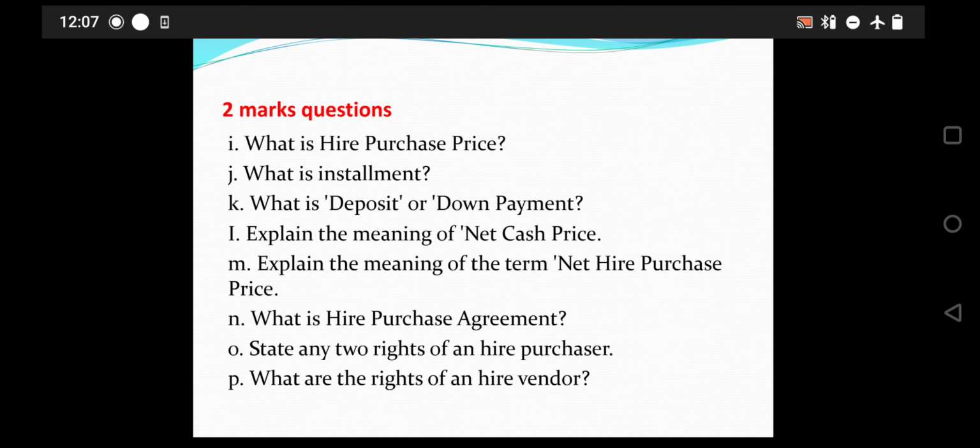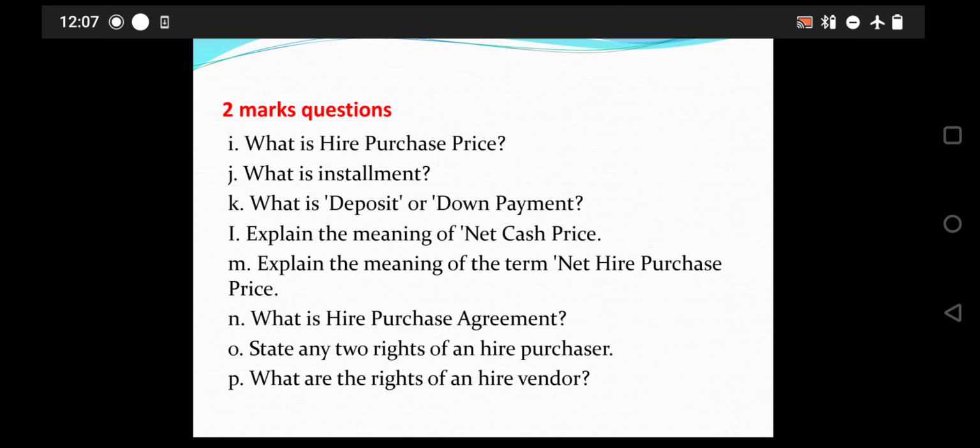For example, if I am purchasing a product for 10,000 rupees, and I want to make the payment in 5 different months, 10,000 divided by 5 months is 2,000 per month. I am going to pay 2,000 every month for 5 months, which means totally I am going to pay 10,000 for purchasing the goods on the hire purchase system.